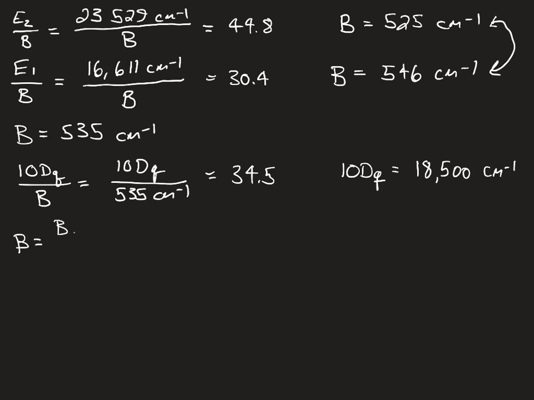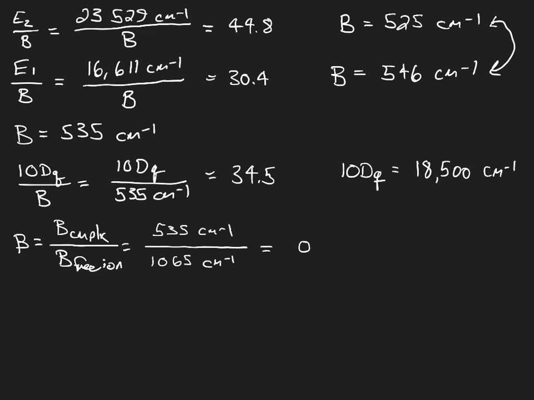We can go through and calculate the value for beta. So that's just the value of B that we calculated for the complex over the free ion, which is 535 wave numbers over the value of B for a free cobalt 3 ion, 1,065 wave numbers.